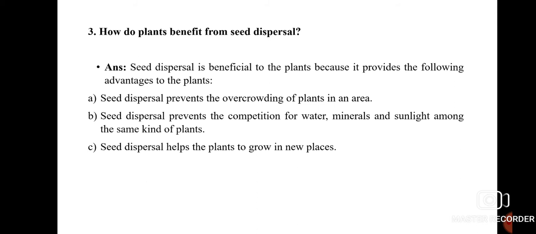If all the plants fall together at the same place, there will be huge competition, and finally a struggle for survival. As a result, the plants will not develop into healthy ones, and most of them will die. So, in order to prevent the competition for water, minerals and sunlight, the seeds are dispersed.